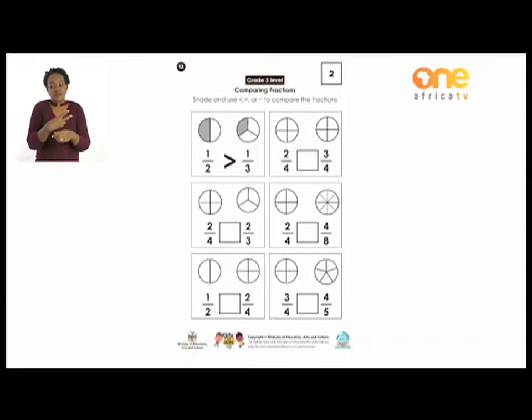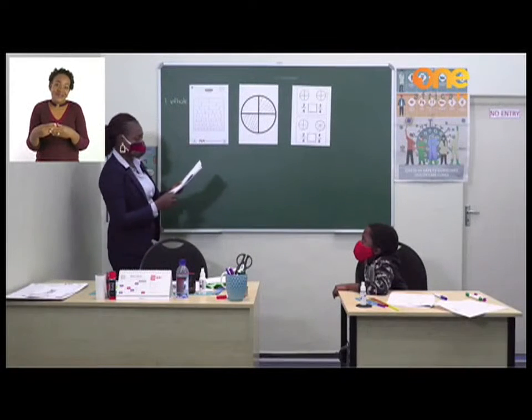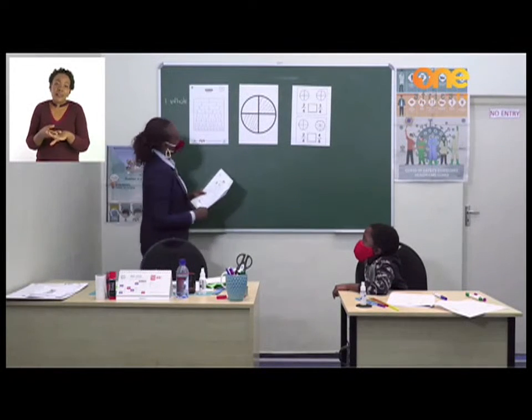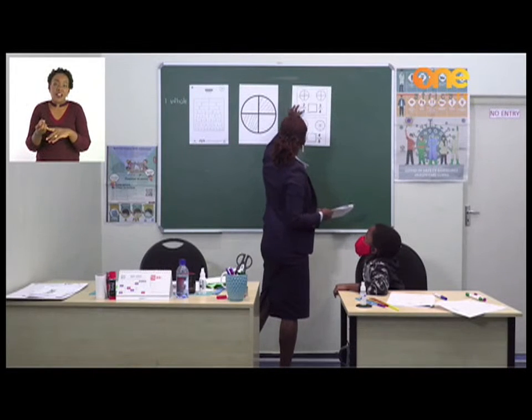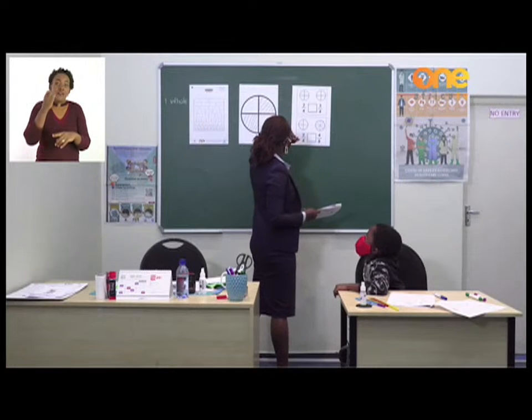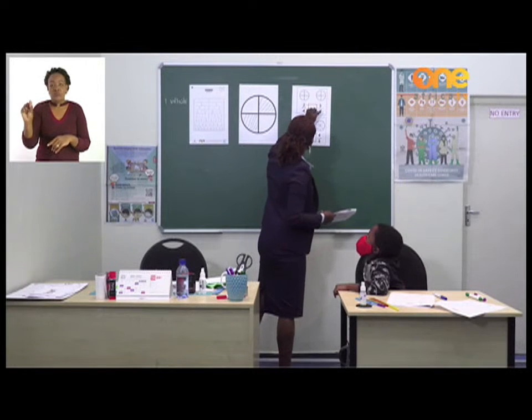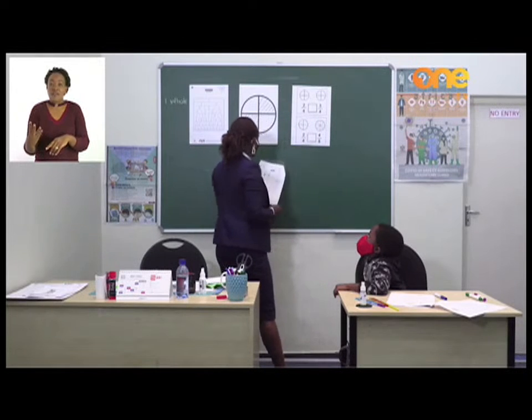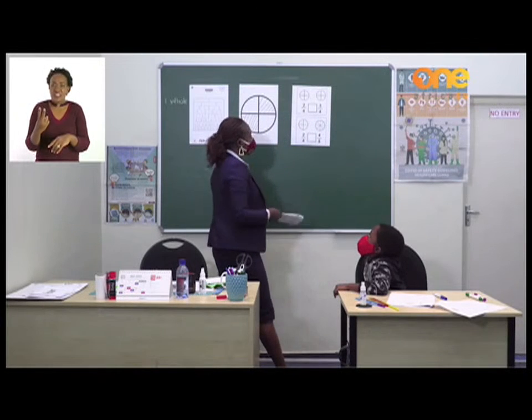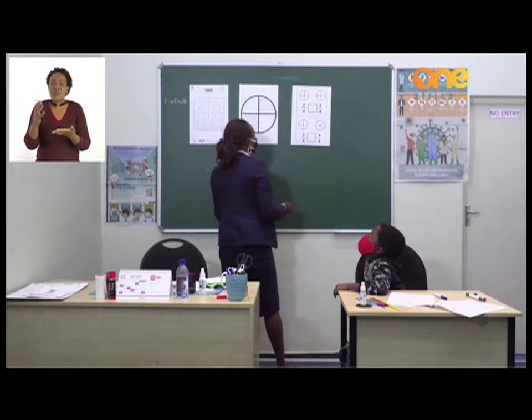Okay. Let me give an example. We have 2 out of 4. Then we have 3 out of 4. Okay. We want to see who is going to eat the bigger piece of pizza.